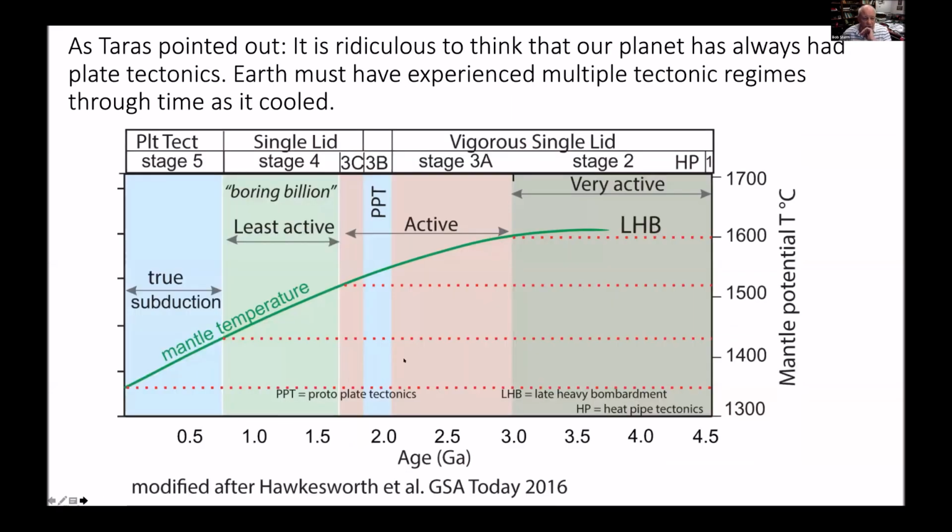And we all agree that Earth's mantle potential temperature has been decreasing. We're not sure how much it's decreased, but that decrease in temperature caused emergent behavior in Earth's tectonic regime.